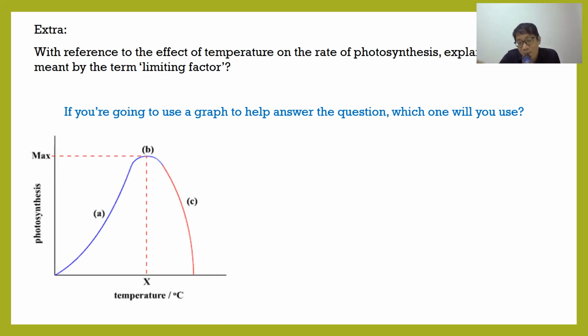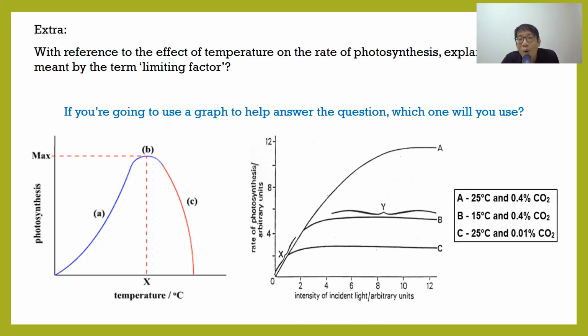Most students do this graph, or they explain this graph. So they just regurgitated the effect of temperature. But that does not explain what is meant by limiting factor. Remember, for limiting factor, we must look at all the factors and then compare them in terms of their significance, and prove or explain that one is the most significant.